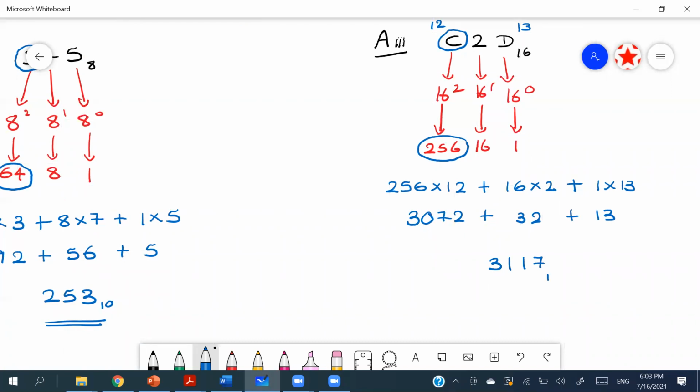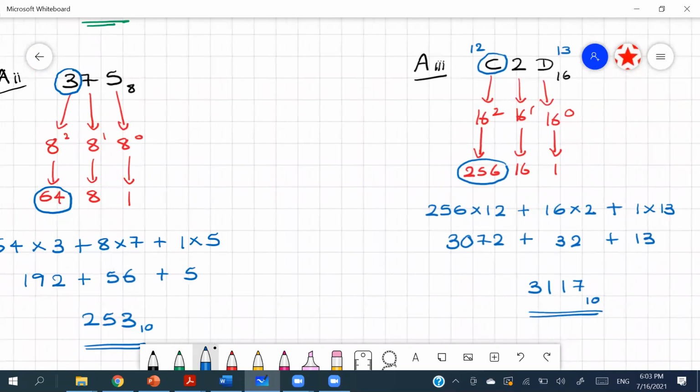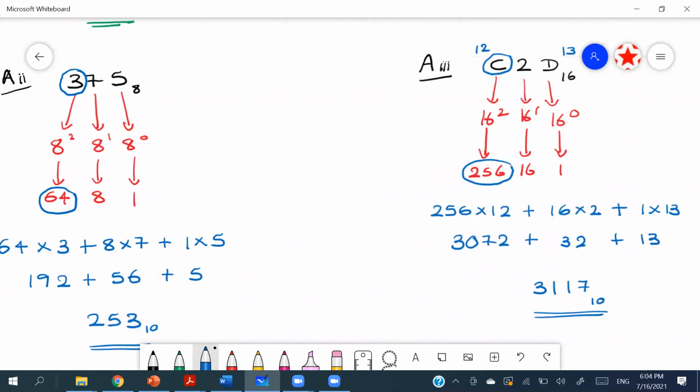So this is going to give you 3117 in decimal, right? So please go through whether you have caught the technique correctly and fill out the things, people. Right? I'll give you 1 minute to do your corrections.